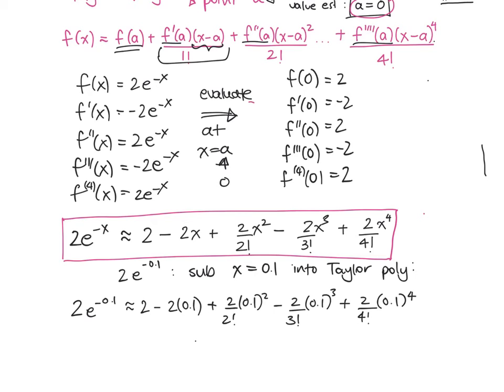And if you plug that into your calculator, you'll see that that's equal to 1.8097. So what we've done in this question is we've worked out a fourth order Taylor polynomial around the point a equals 0, and we've used that to estimate our f of x value at x close to 0, in this case 0.1.